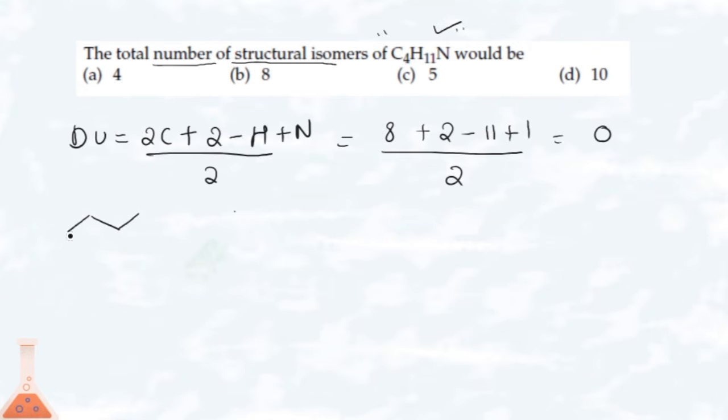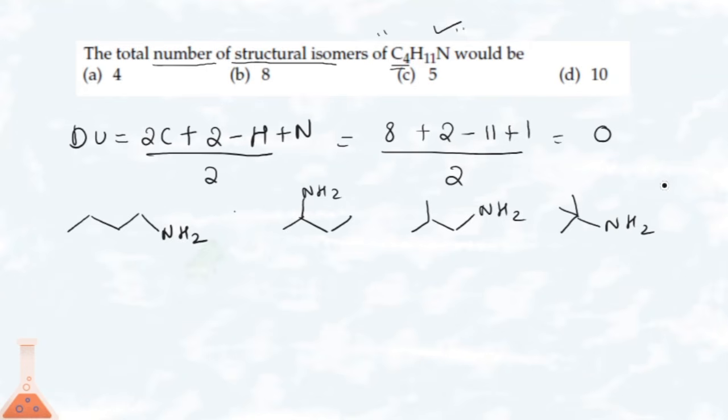So what all molecules can you write here? 1-butanamine and 2-butanamine, isobutyl amine and tertiary butyl amine, like this. Students, remember this: whenever we have alcohol or halogen or NH2, these 4 molecules will be common whenever there are 4 carbons in the molecule. This is very, very important.